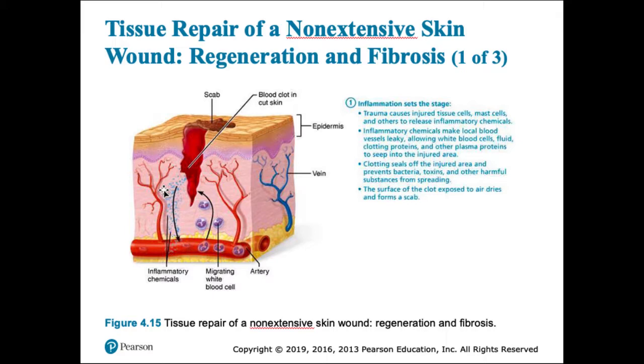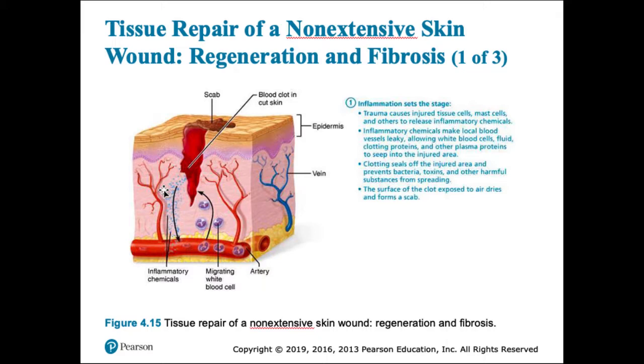When trauma happens, injured tissue cells and mast cells release inflammatory chemicals. These chemicals make the blood vessels leaky, which allows the white blood cells, the fluid, clotting proteins, and other substances to seep into the injured area.